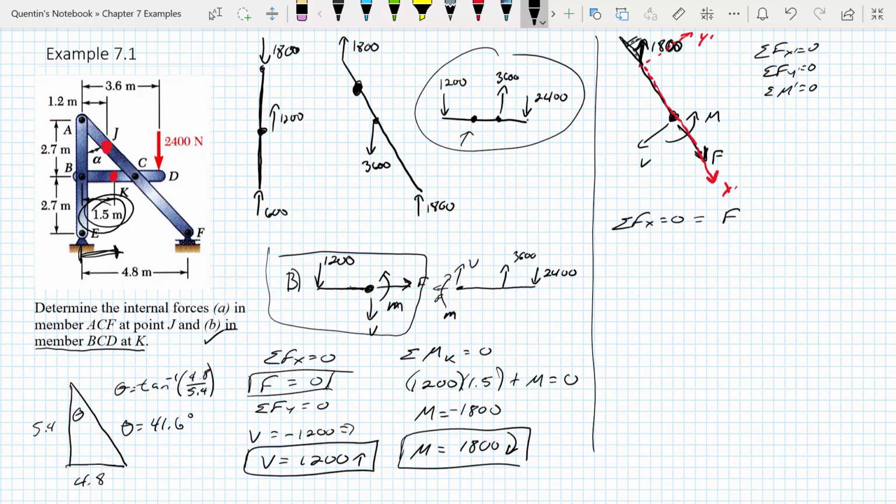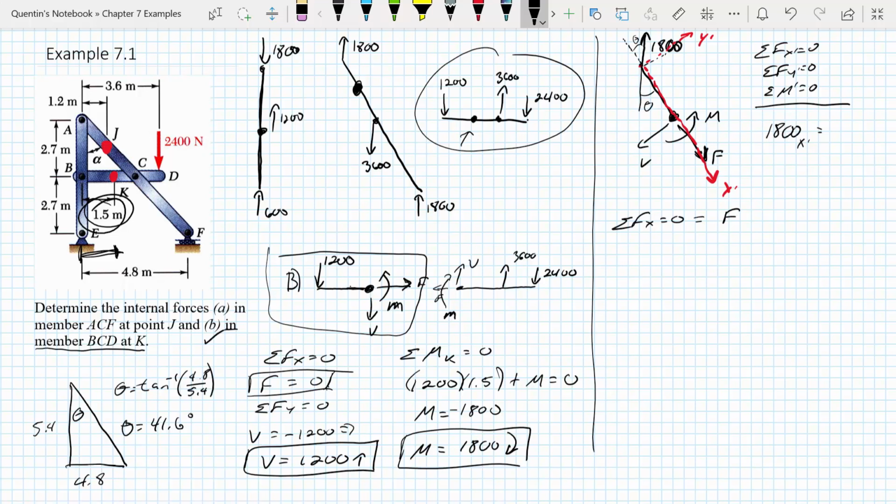The way I like to do this, let's look at the 1800, the x prime component of it. I'm going to erase this because it's got a little bit messy. We have this 1800 Newton force here. How much of it is in this direction, and how much of it is in that direction? When you do your math, that theta is that theta.